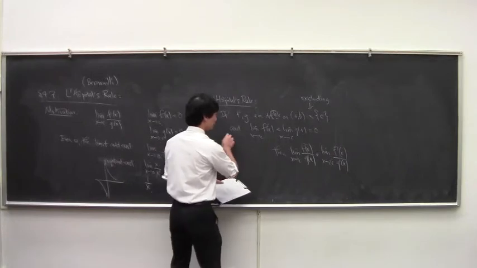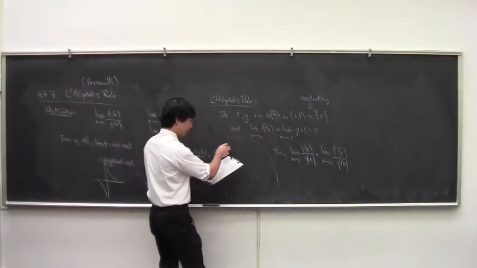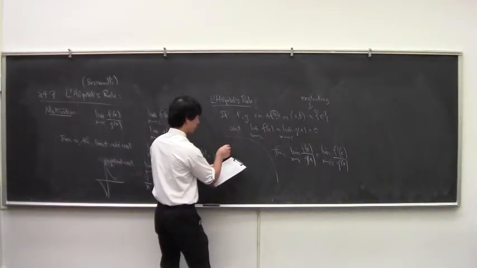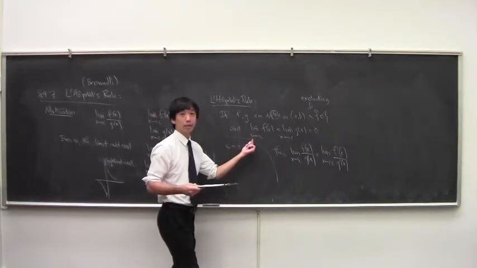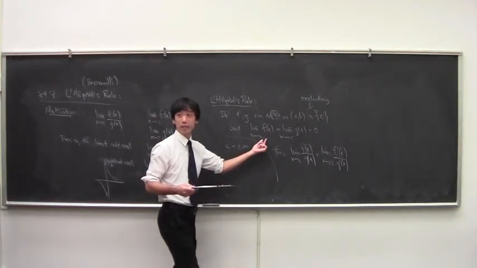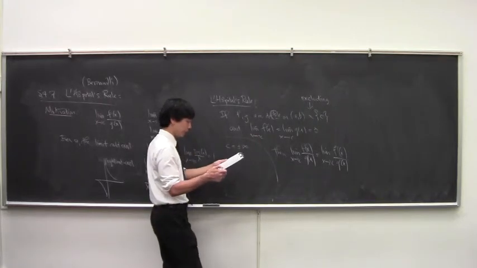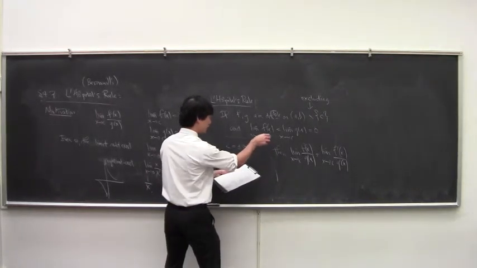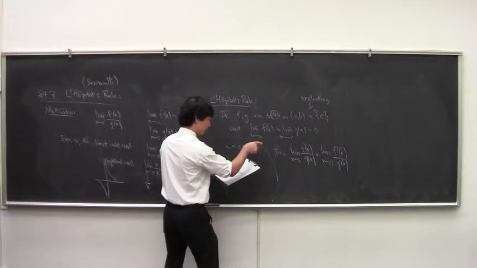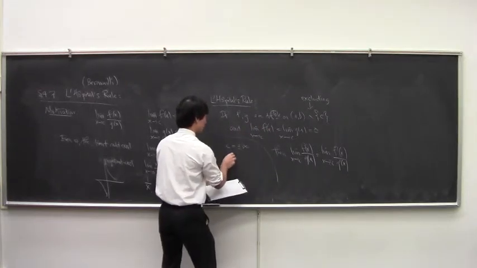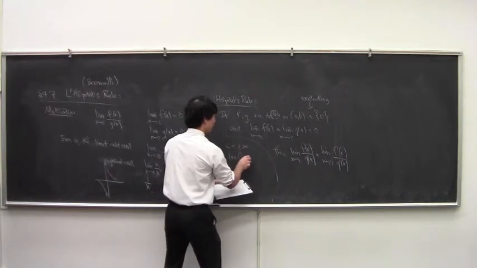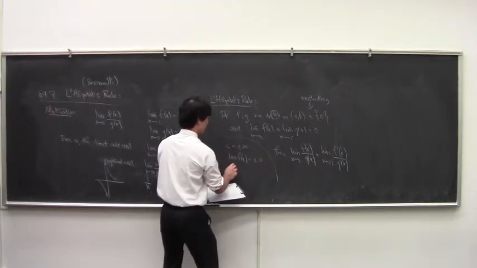Okay, and I should say that C could be plus or minus infinity, right? So it could be that x goes to plus infinity or x goes to minus infinity, and this will also work in the case where the limit is plus or minus infinity.